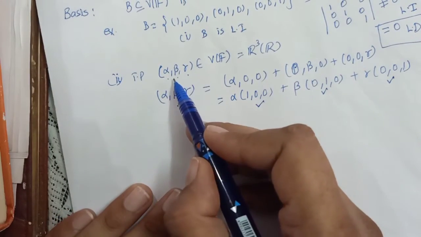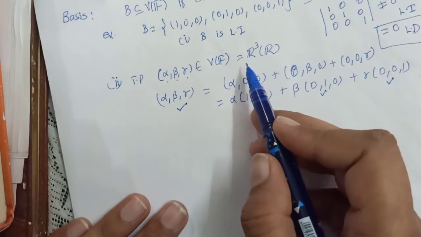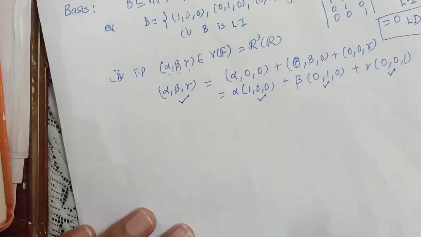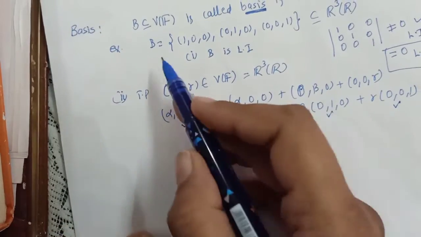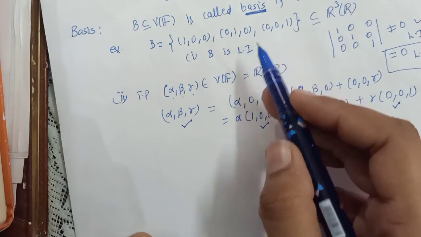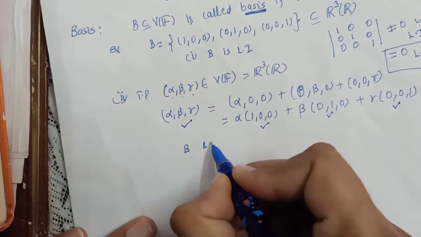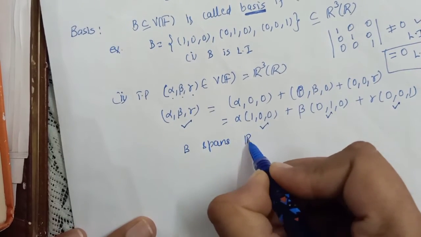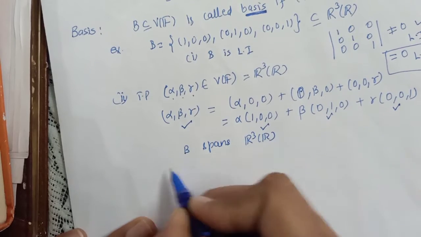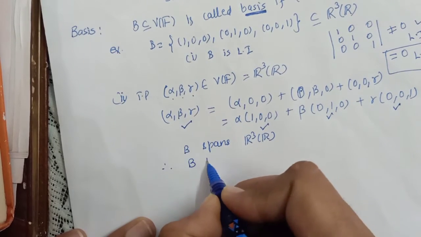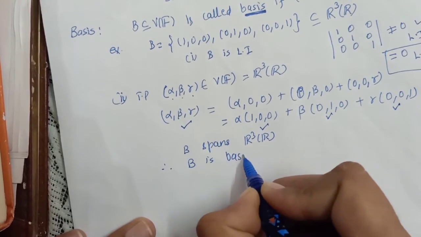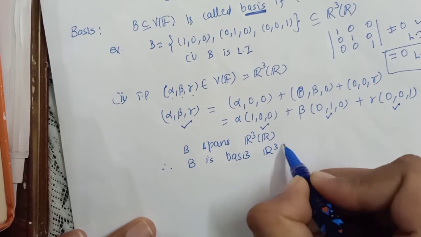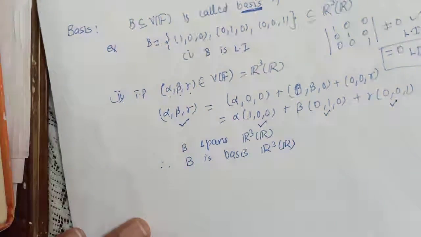We have taken a general element from this vector space and shown that this element can be written as linear combination of elements of B. So B spans R cube over R. Therefore, B is a basis of this vector space R cube over R.